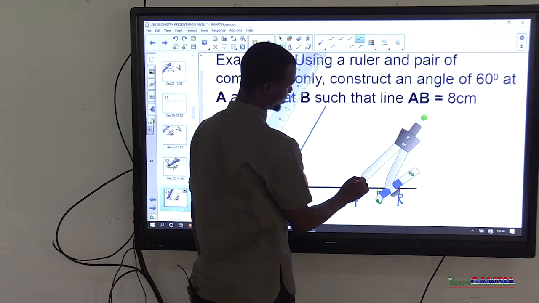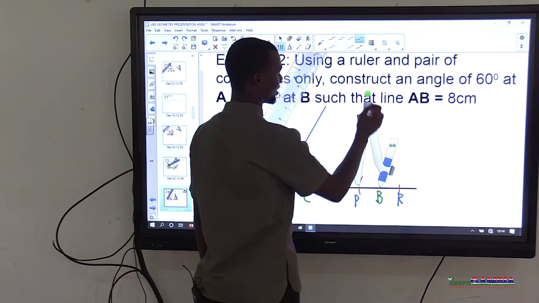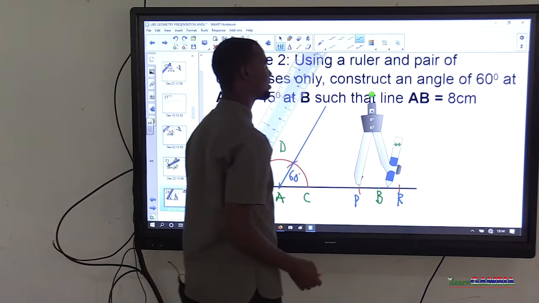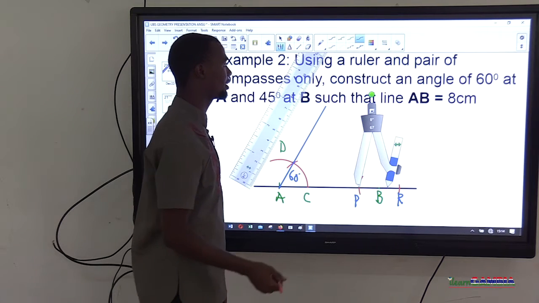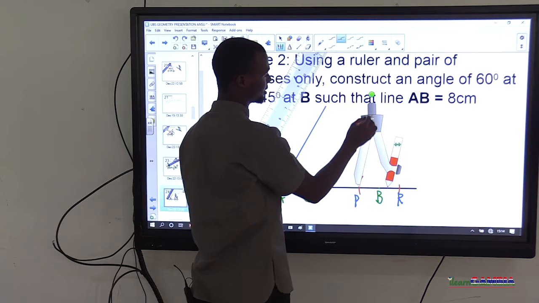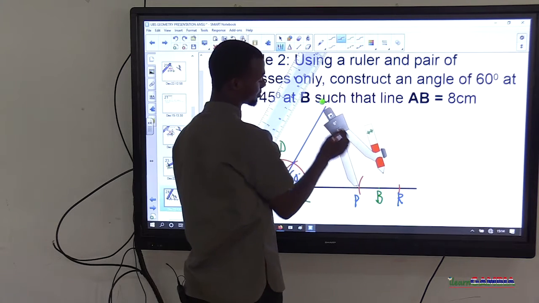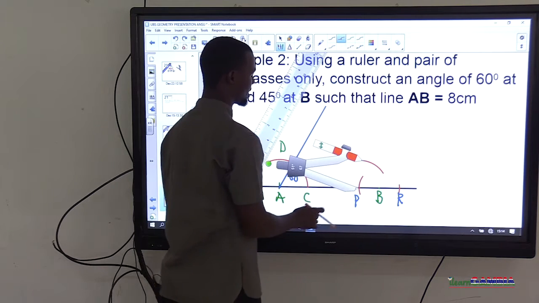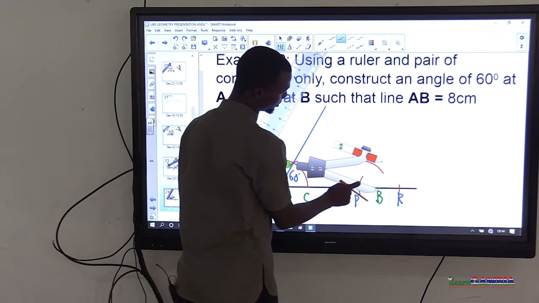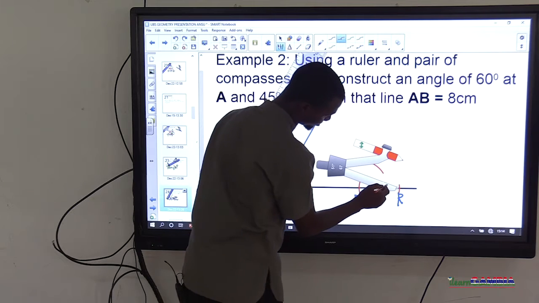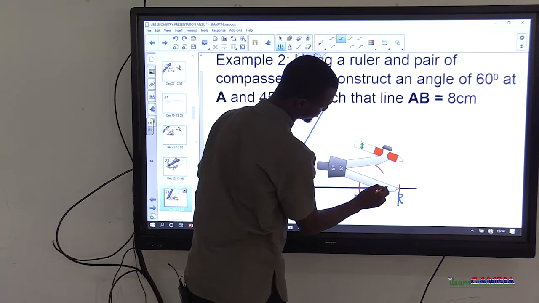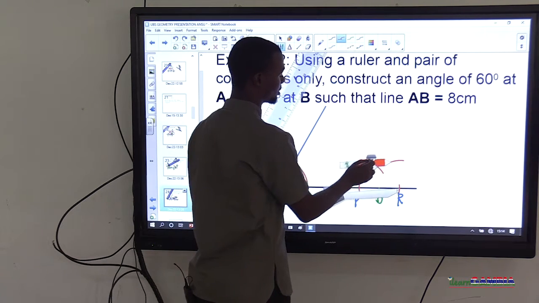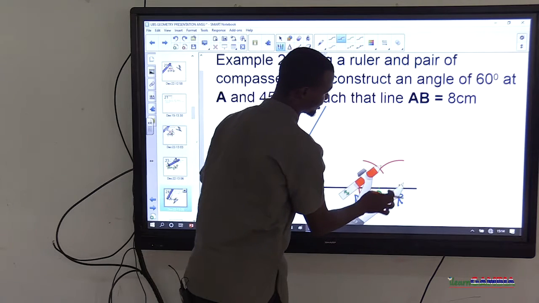So with center P and at least more than half of the length PR, you draw an arc to get the 90. So you go to center R now, draw another arc to cut the previous arc.